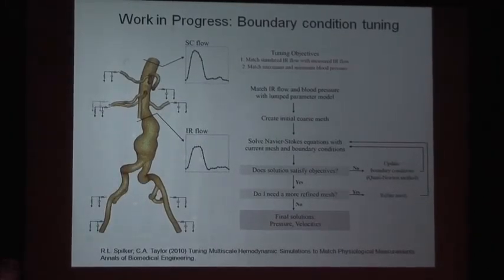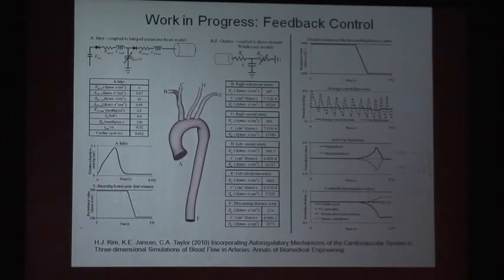One of the challenges we have is that we have a system where we have discrete experimental data at a few locations. We have more boundary conditions than that. So we've been looking at ways of tuning boundary conditions, solving a nonlinear system of equations to adjust boundary condition parameters to match the measurable data that we have. So that's one area of work.